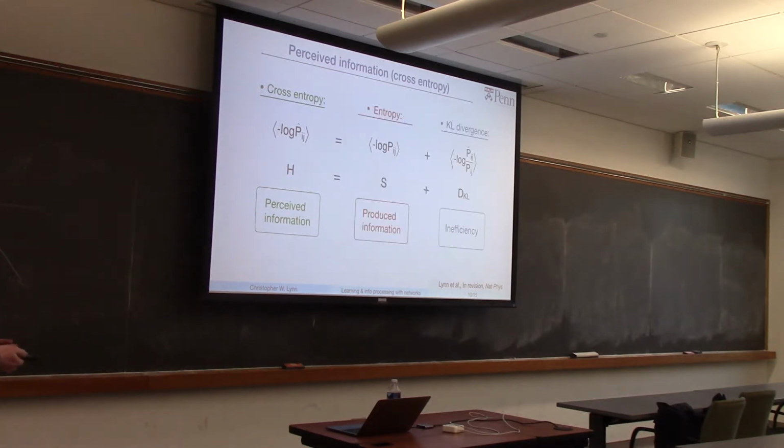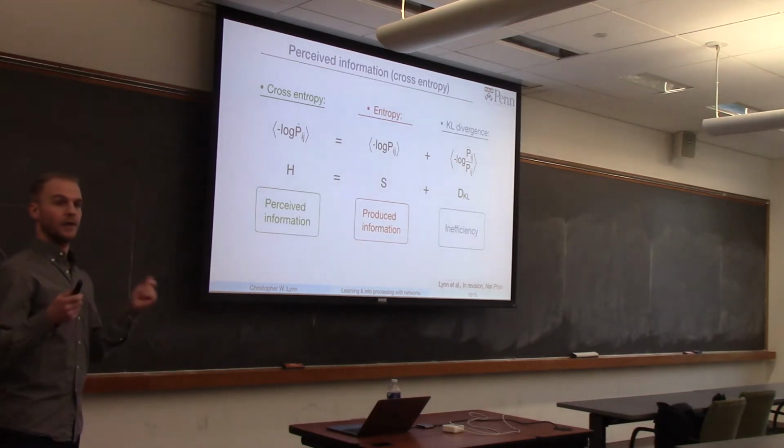You can easily break it down into the entropy, the amount of information that the network is producing, plus this extra term, known as a KL divergence between P and P hat. In very simple words, you can think of it as the distance between P and P hat.